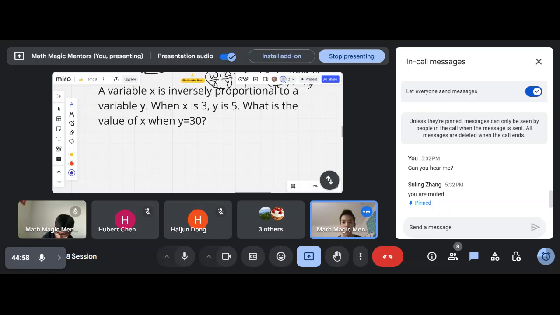Yeah, if not, that's fine. So remember that I just changed the wording for this problem, but we can tackle this problem in a similar way to the previous problem.